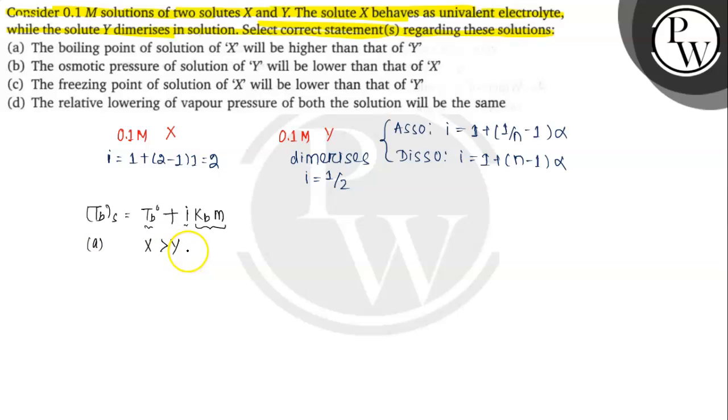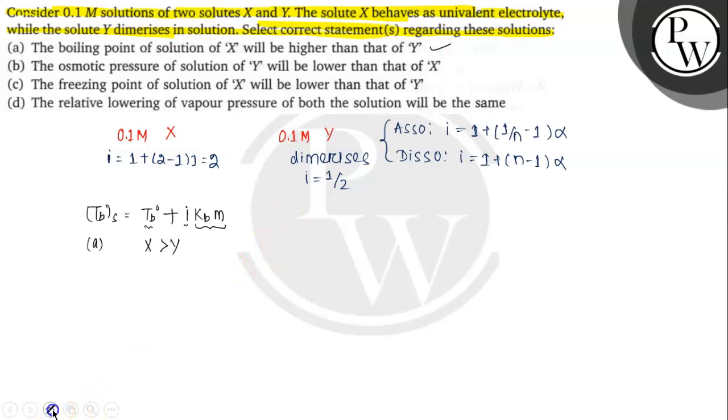Why correct? Because in case of X the Van't Hoff factor is 2, but in case of Y the Van't Hoff factor is 1 by 2. So in X's case the Van't Hoff factor is more, which means the boiling point of solution will be more. So this statement is correct.